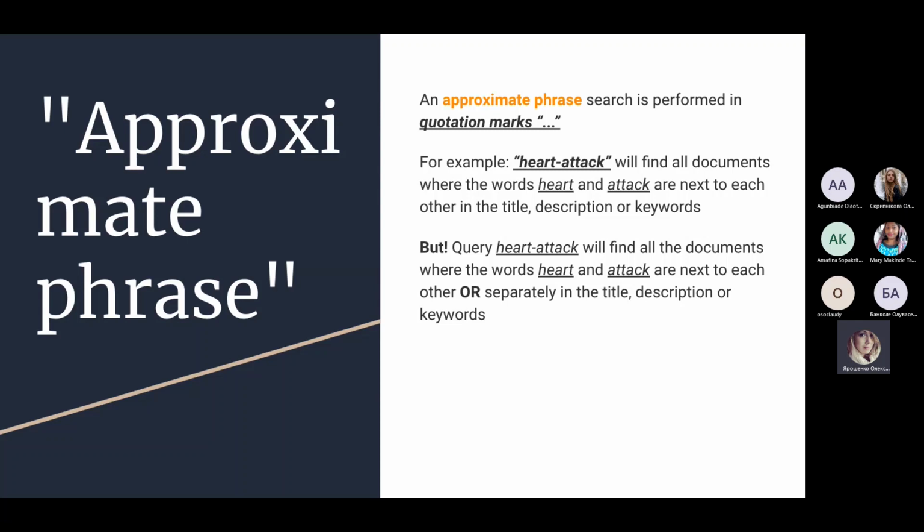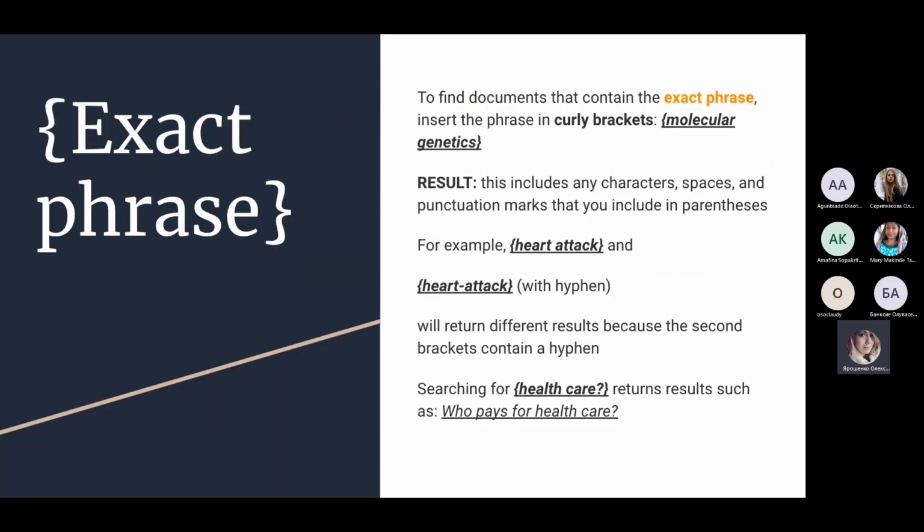But if we just type in heart-attack with hyphen, but without any curly brackets or quotation marks, we will find all the documents where the words heart and attack are next to each other or separately in the title, description, or keywords. So what is the main difference?